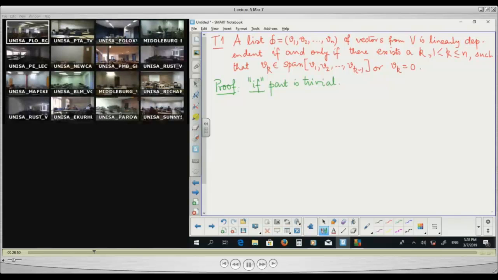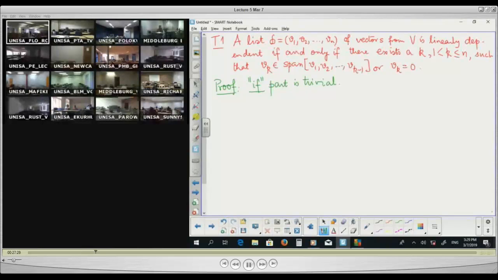Say n is 20, and you tell me that for k equal to 9, V9 is 0. That means automatically it's linearly dependent, right? Or you tell me that V9 is a linear combination of V1 up to V8. Then you take that linear combination and for the rest up to 20 you put the scalar 0. Your answer is still a non-trivial representation of 0, right? So it's linearly dependent. So the if part is trivial.